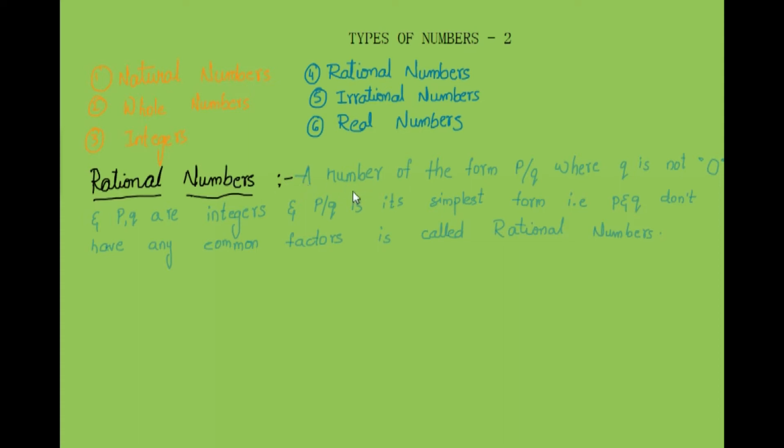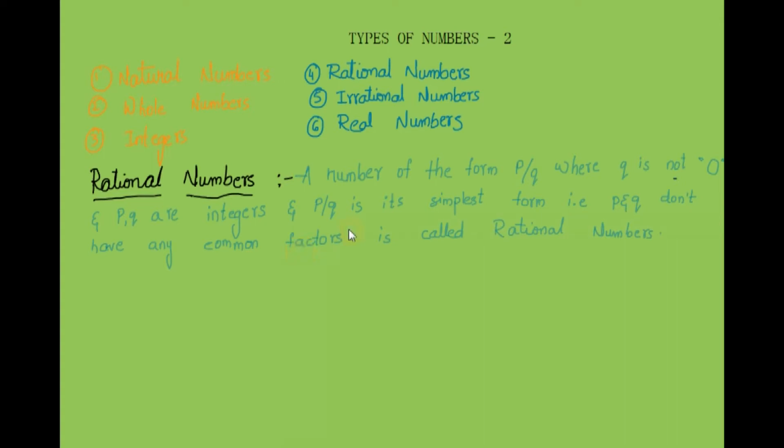A number of the form p by q, where q is not equal to 0 and p, q are integers, and p by q is in its simplest form, that is, p and q don't have any common factors, is called a rational number. What is a rational number?